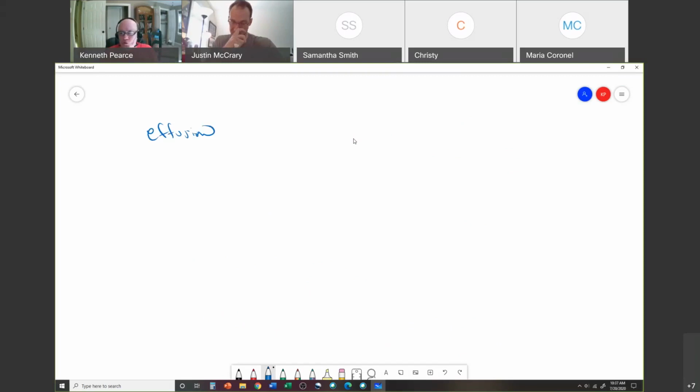We have something called effusion, and it goes like this. I have to look at the equation because I never use this, and you will never use this either, but it is the square root of the ratio of the masses. And the only way I even remember this is they crisscross.